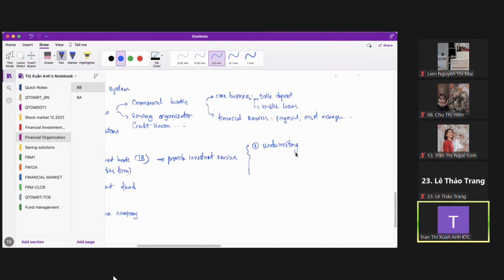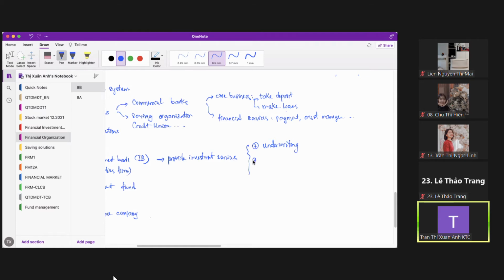Maybe you learned this from securities markets. When we talk about primary markets, it refers to issuing securities, including bonds and stock, for companies. So the issuing firms, companies or the government, invite the investment banks to become their underwriters.